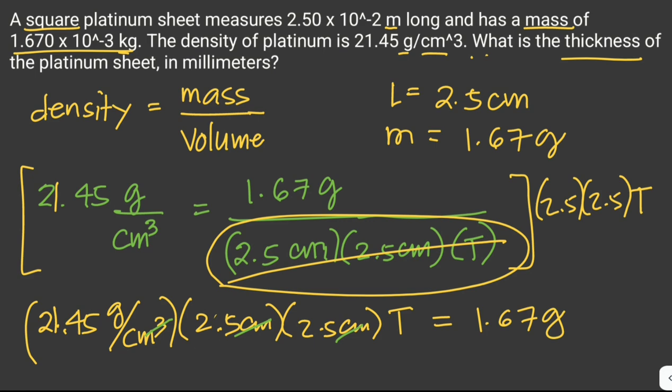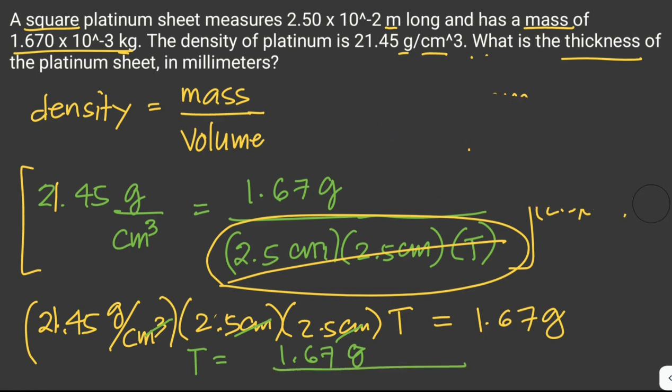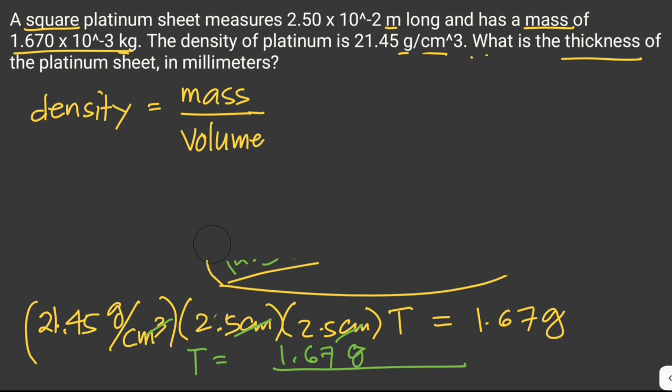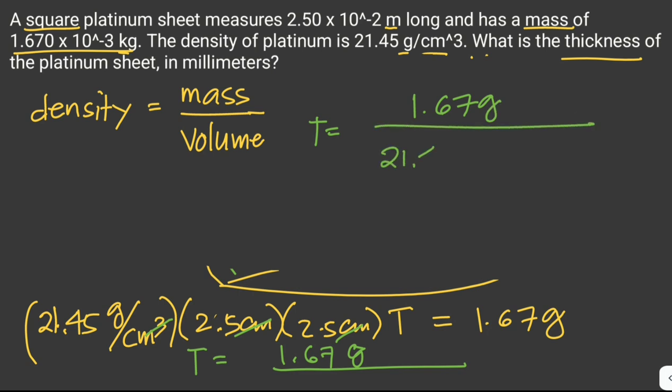And then our thickness would just be equal to 1.67 grams over 21.45 grams per centimeter times 2.5 times 2.5.